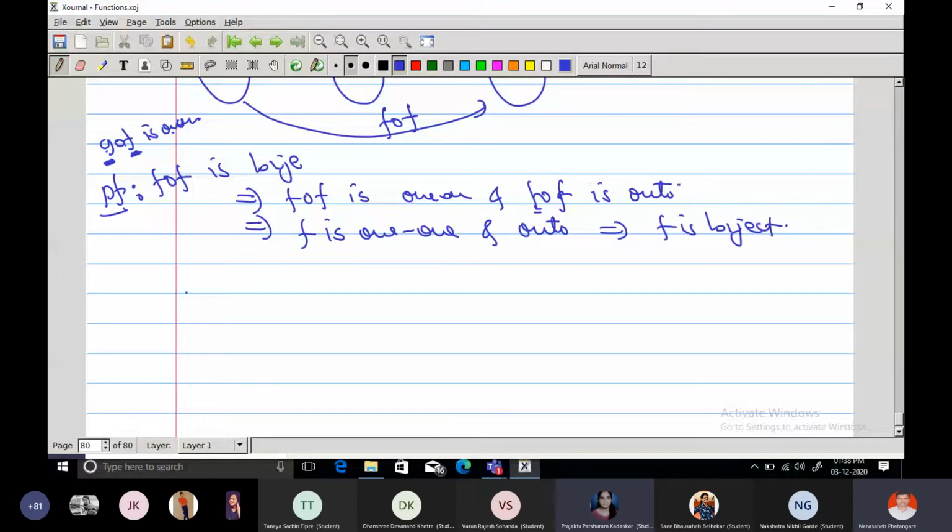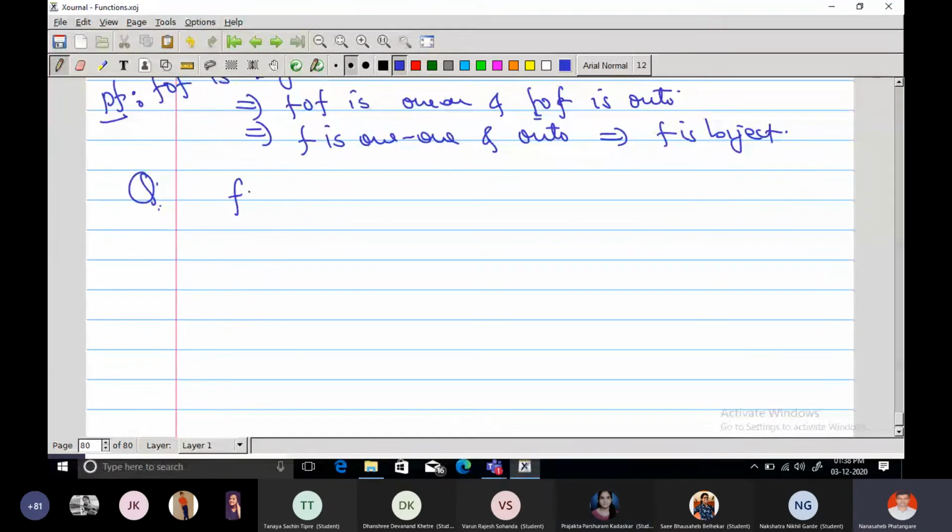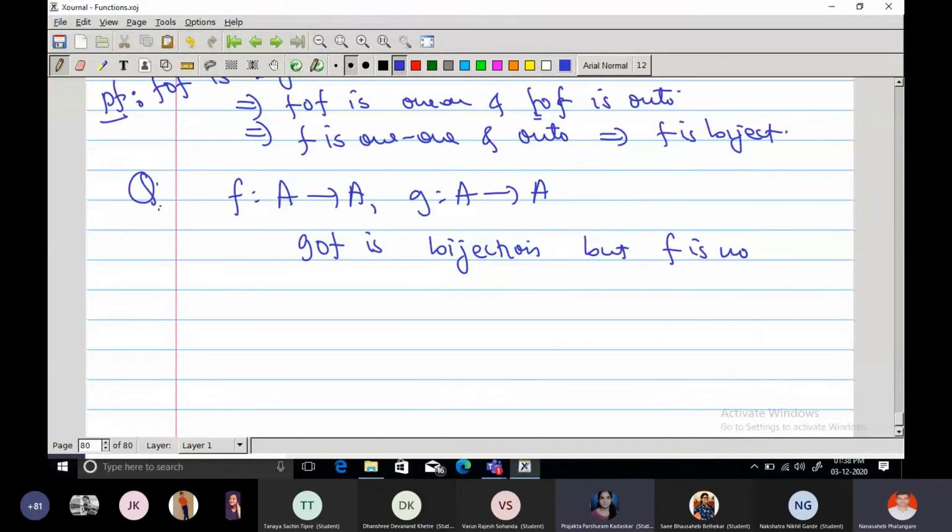That means if you want to find f from A to A and g from A to A such that g composite f is a bijection, but f is not a bijection or g is not a bijection. This is your question. Yes, this is possible. That is the exercise I gave you, with Z and Z, the same A.